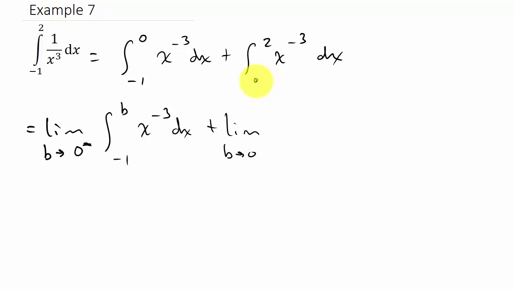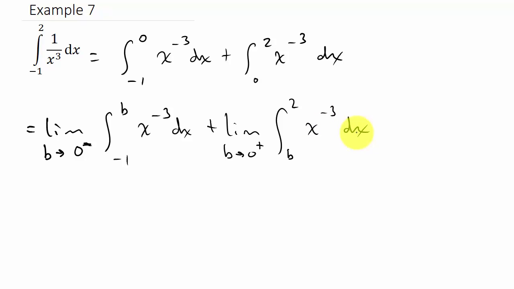Here it's discontinuous at the lower limit, so I'm going to come into 0 from the right, of the integral from b to 2 of x to the -3 dx.